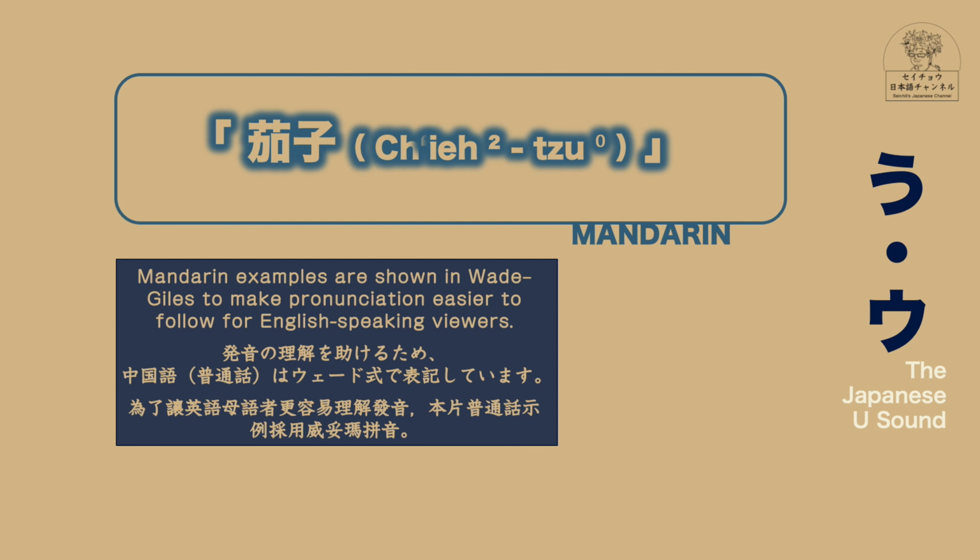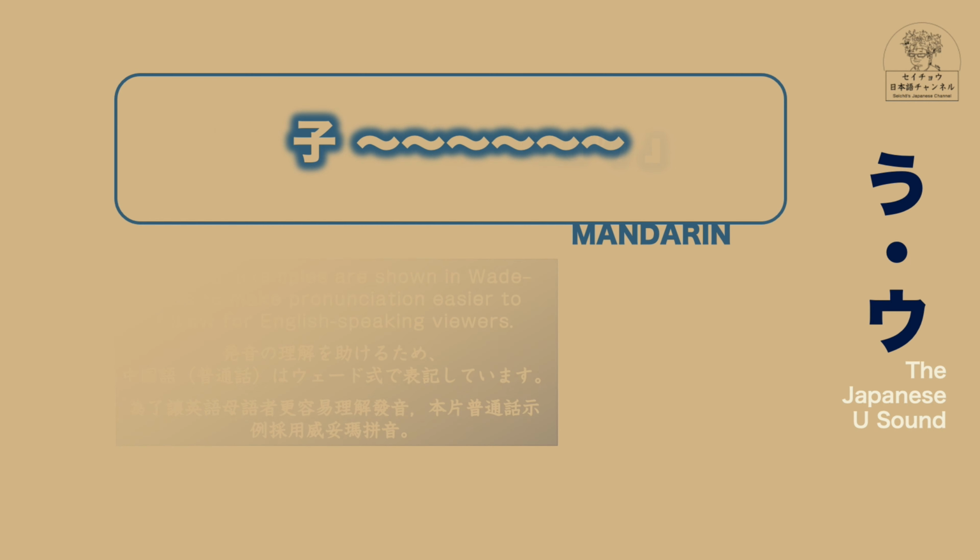And this time, hold the final z, 茄子. You should notice that your lips are not rounded. Your mouth may feel slightly smiling. Your tongue is further forward than Mandarin wu. There's a slight sense of muscular engagement.